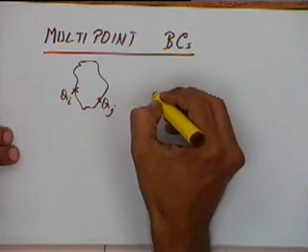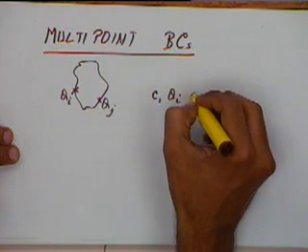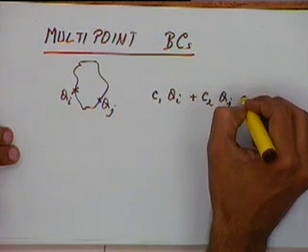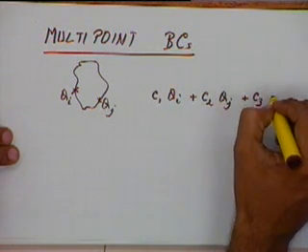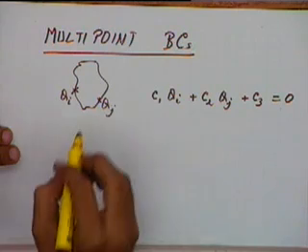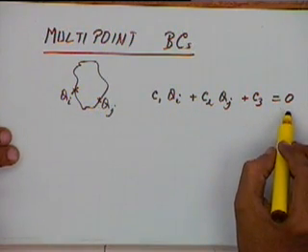That means if I just say some constant C1 times Qi plus some constant C2 times Qj plus another constant C3 will be equal to 0. That means the deformation of these two nodes is constrained in a linear manner.